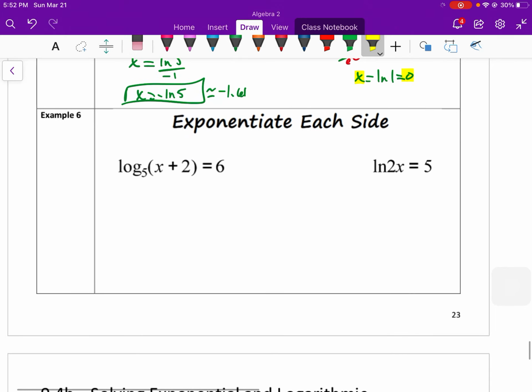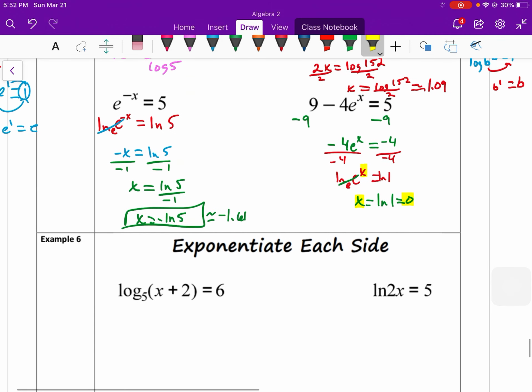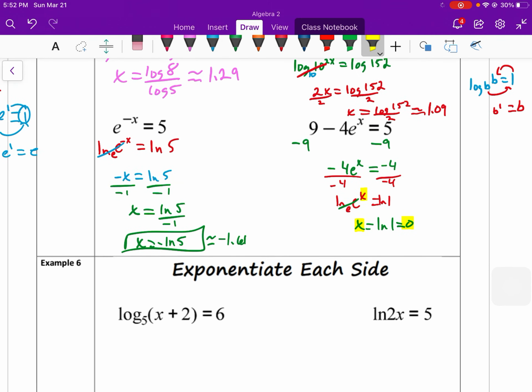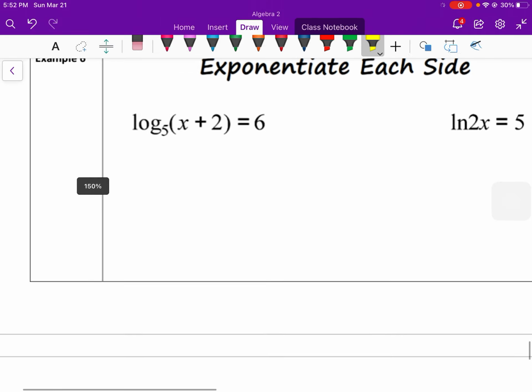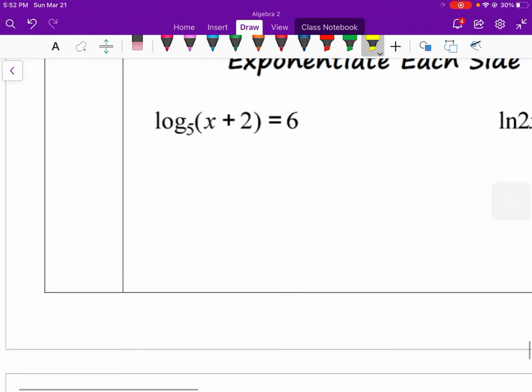All right, and then inverse operations. Up here we had exponents, so we took logs. Now we can exponentiate because we are given logs, so we want to take inverses where we take the common base to both sides.